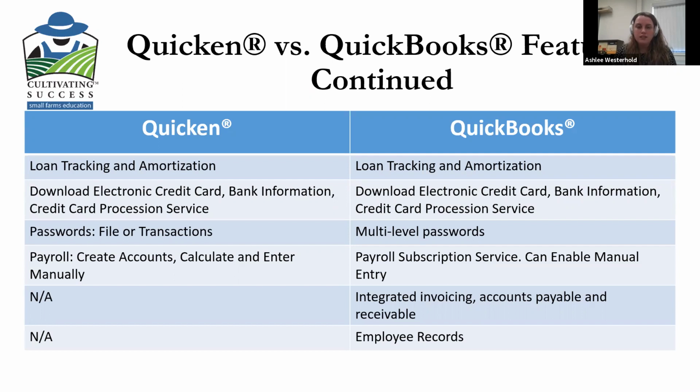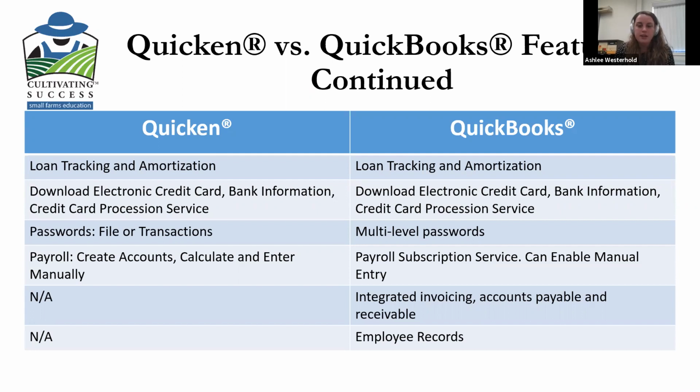And I will say that is a big difference between the two. So if you are trying to pick between Quicken and QuickBooks and do have a larger operation or have a lot of people on the payroll, I would say QuickBooks is used more for the payroll aspect.